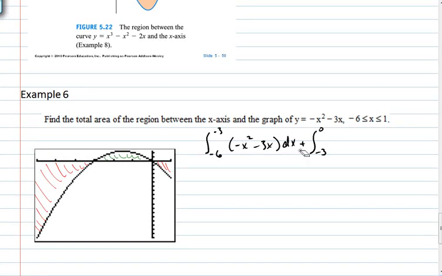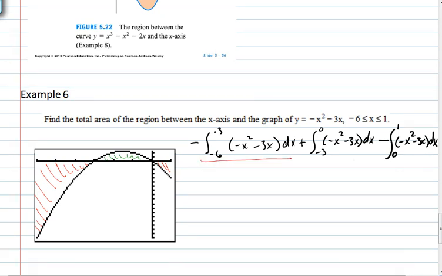We're going to have the opposite of this, because this is going to be a negative value, right? So we're going to have the opposite. You with me? Plus, because this area is positive, negative x squared minus 3x dx minus the integral from 0 to 1 of negative x squared minus 3x dx. Okay?